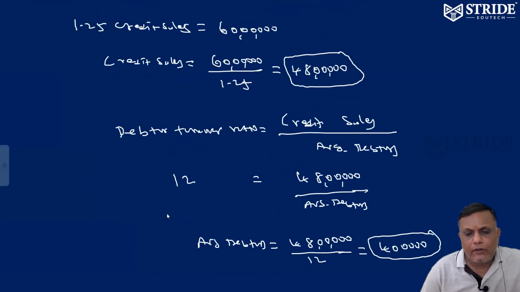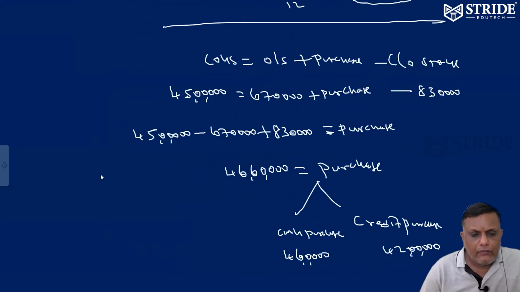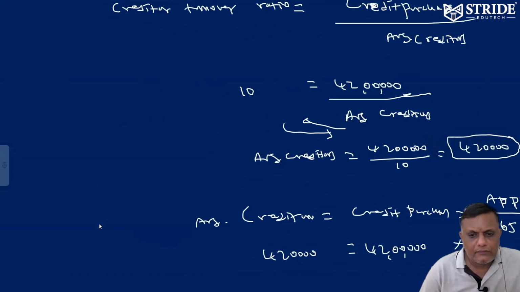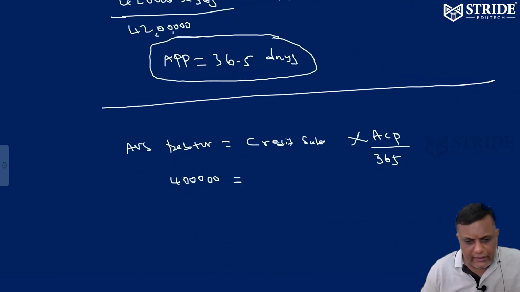Credit sale is 40 lakhs, no? Please check, credit sales is 48 lakhs. Credit sales 48 lakhs into average collection period by 365.